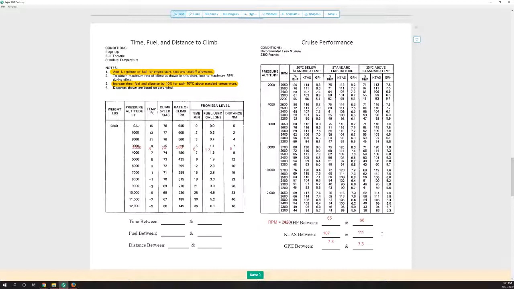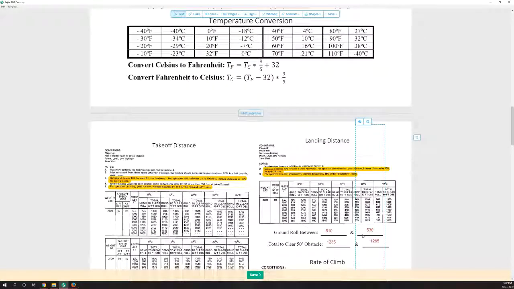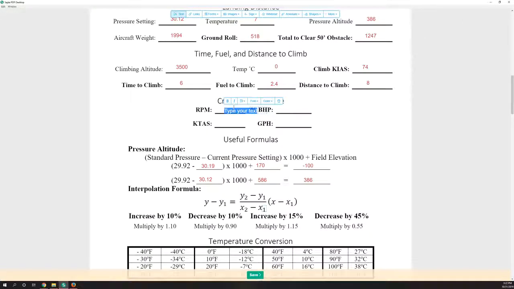This is not true airspeed, it's going to be 109, and this is going to be 7.4. Those are numbers right in the middle, since if we were 10 degrees Celsius, we'd be right between those two. So RPM, we said, was going to be 2,450. Our percent brake horsepower, we said, was going to be 67, maybe 66 might be a better one. Our knots true airspeed is going to be 109. That's what we figured out, and we said we were going to burn 7.4 gallons at cruise.